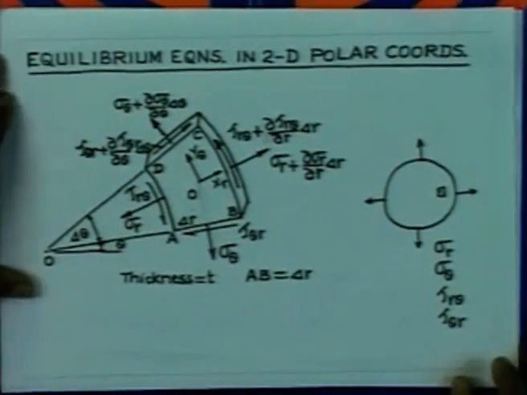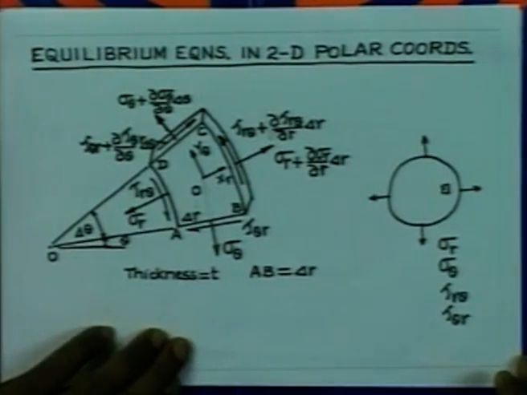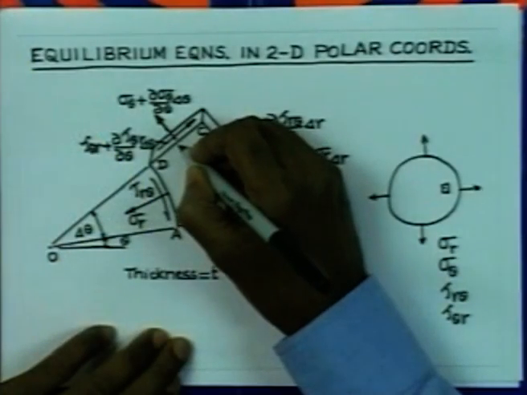Now, we would like to consider the equilibrium equations in the radial direction and tangential directions, and at the same time we would like to consider the moment equilibrium about the point O. Now, let us just do these constructions.